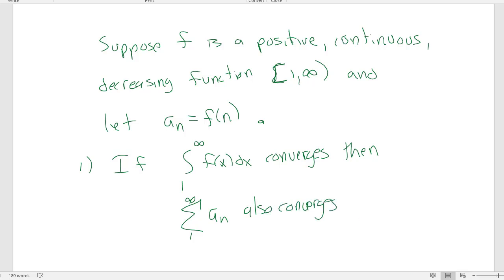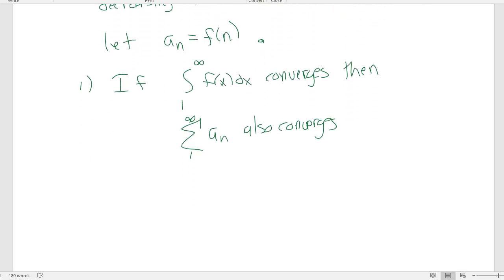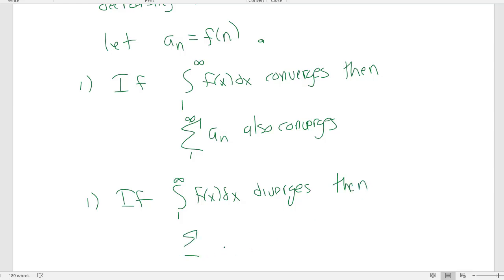That is sloppy writing, I apologize. And then condition 2 would just be the other statement that we said, which was if the integral from 1 to infinity diverges, then the series will also diverge.